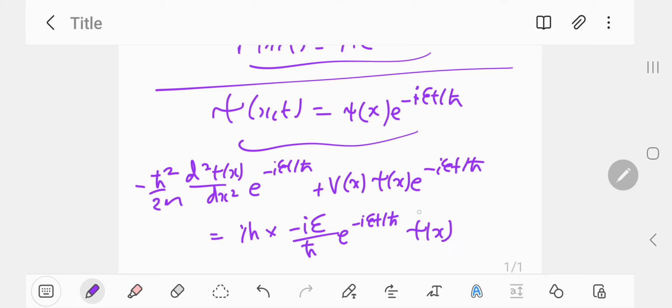Very, very messy, but it's just plugging it into what we have from before.